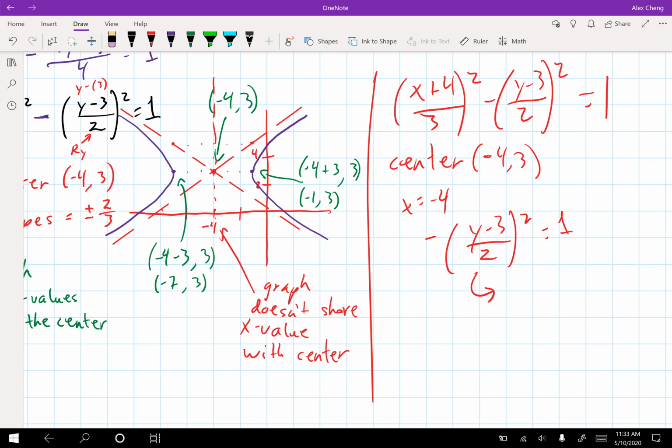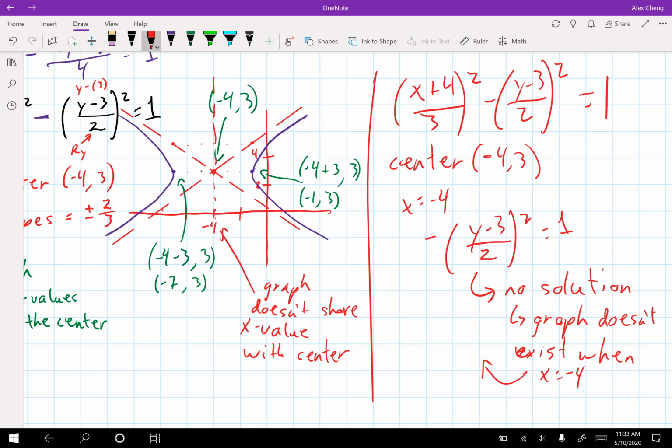So the fact that there's no solution to this implies that the graph doesn't exist when x equals -4. In other words, -4 is not in the domain.